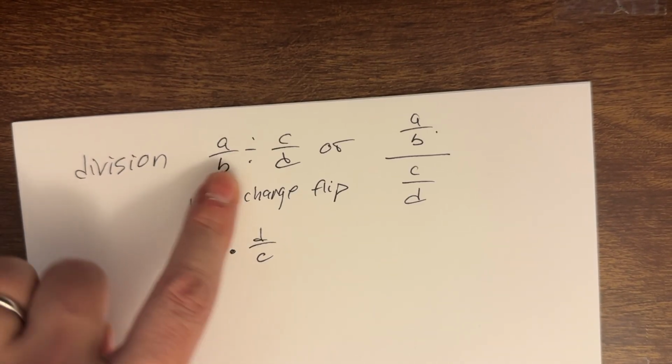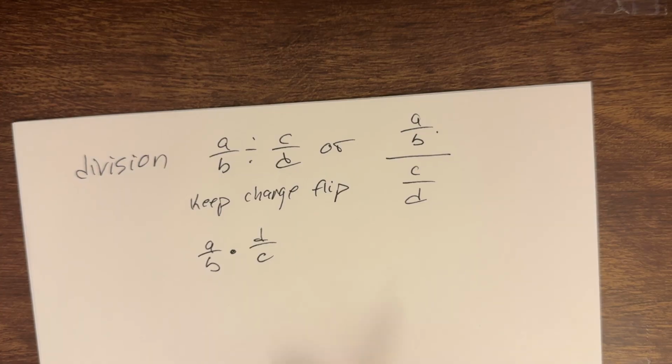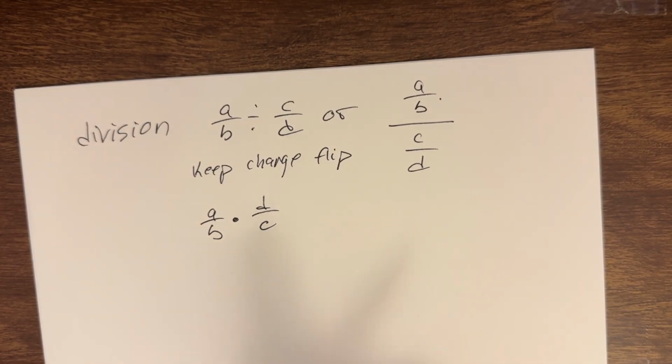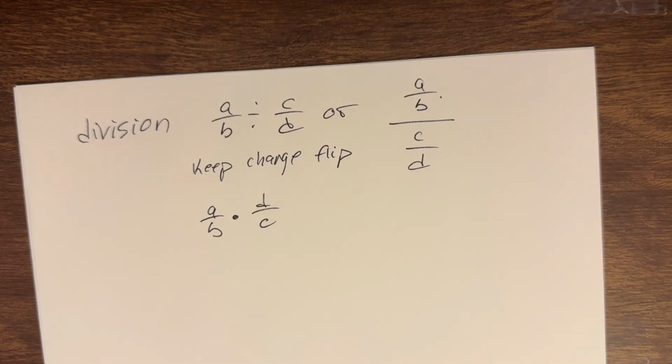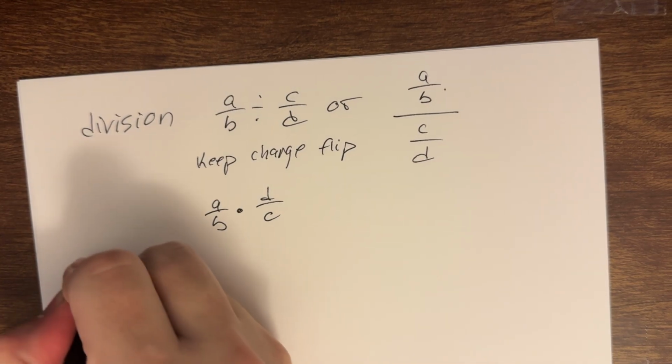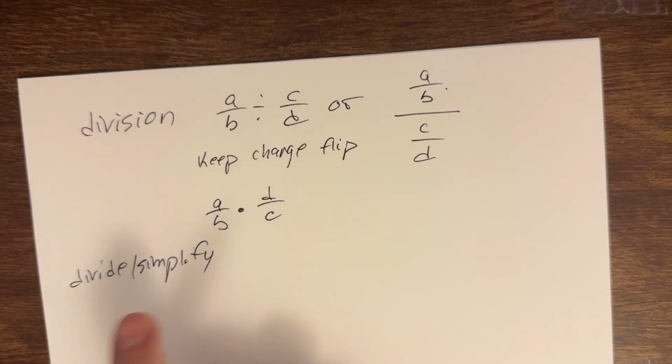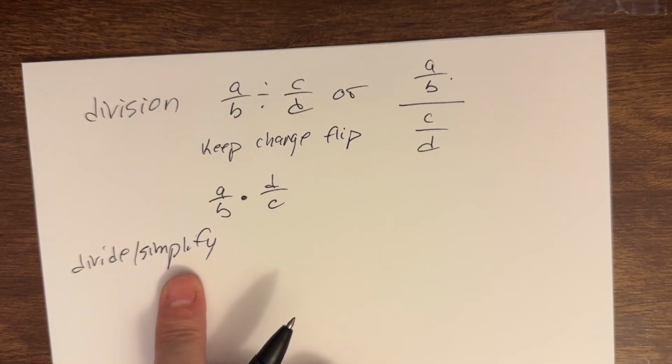So A over B divided by C over D is really A over B times D over C. So we're going to do two division problems, and these division problems are really just more multiplication practice. So let's divide, and once again, we'll always still have directions to simplify.